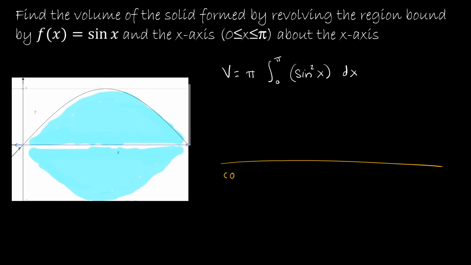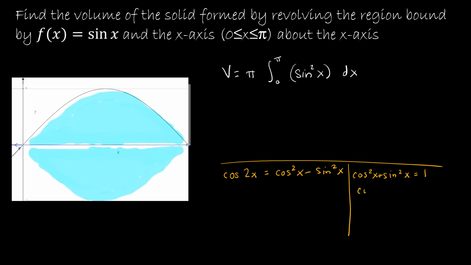If I know cosine of 2x, and this is just a trig identity, is equal to cosine squared x minus sine squared x. I also know that cosine squared x plus sine squared x is equal to 1.